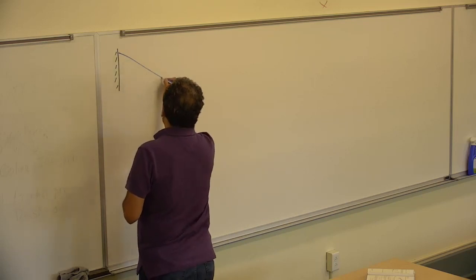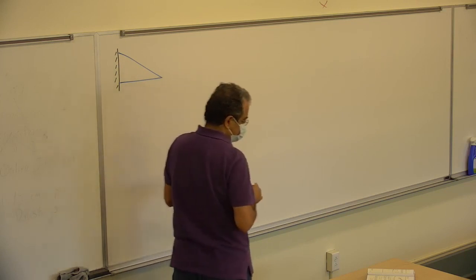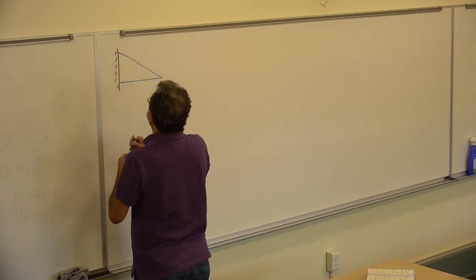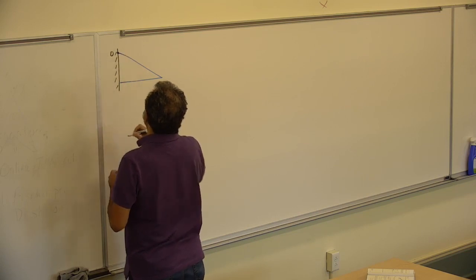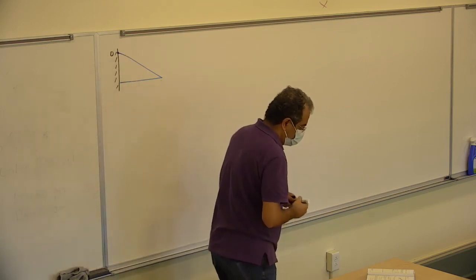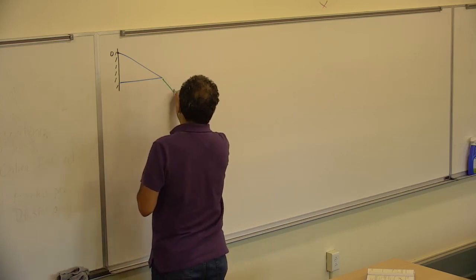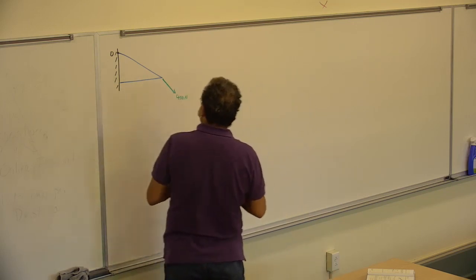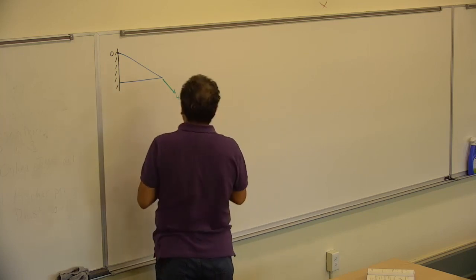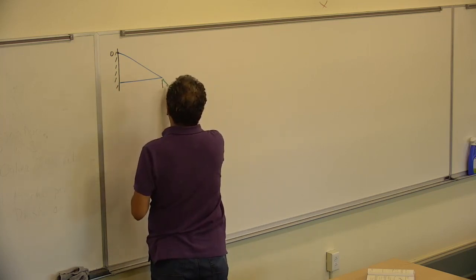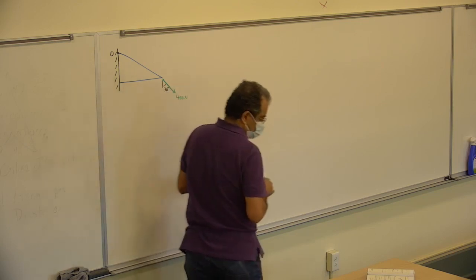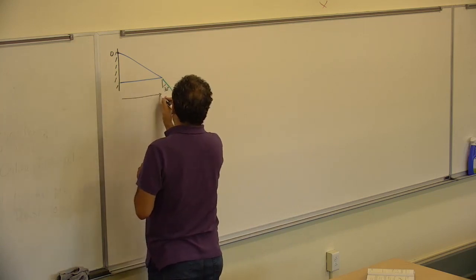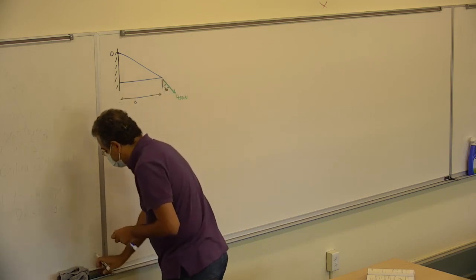I'm gonna have something like this. And it's gonna be point O. And there's a force of 400 Newton, like that. Angle of 30. One four, 6 meter.